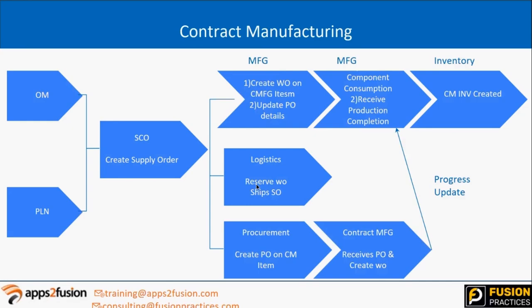That PO has a component. You cut that PO, you send it to the supplier, and the supplier sends that component to you. When you receive it, this work order reserves that component, and you complete that work order. When you complete that work order, that finished product will be available in the inventory. It has a reservation with the sales order, and now you can pick and ship it.